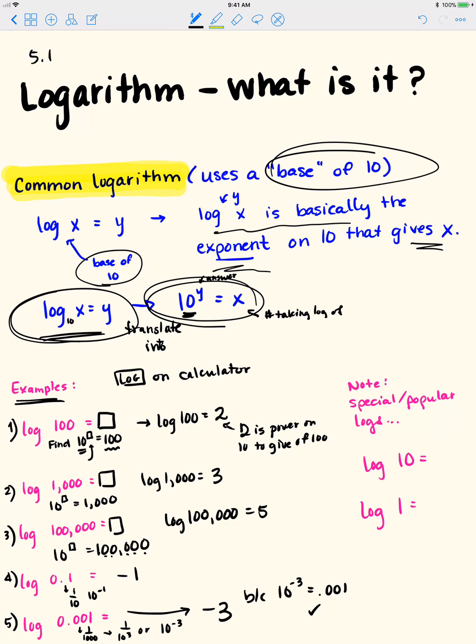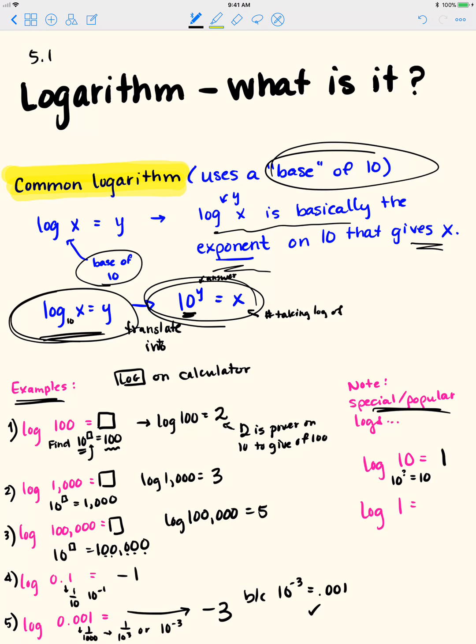Okay. They're not really special. I put special and popular, but they're really commonly used, and they're very easy to quickly answer. If you take the log of 10, because a common logarithm is a base 10, you're essentially saying, okay, 10 to what power would give me back 10? All right, and any number raised to the power of 1 would give you back that number.